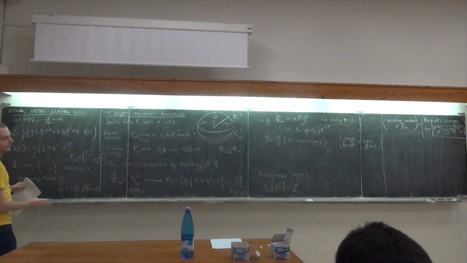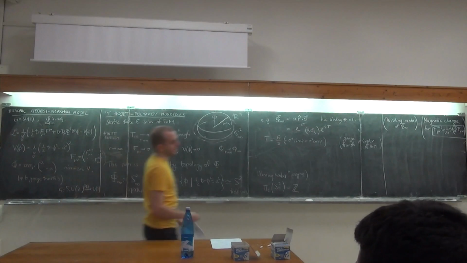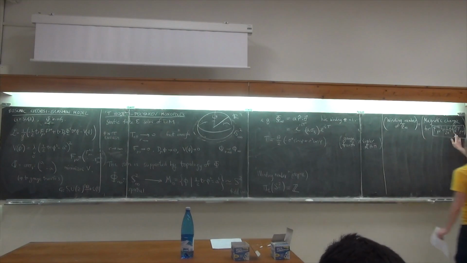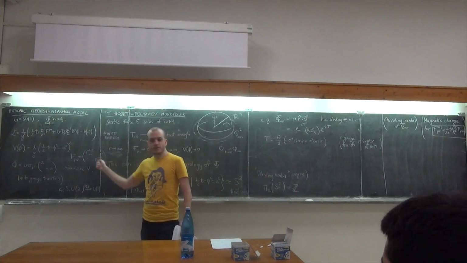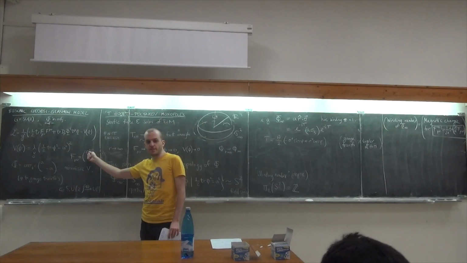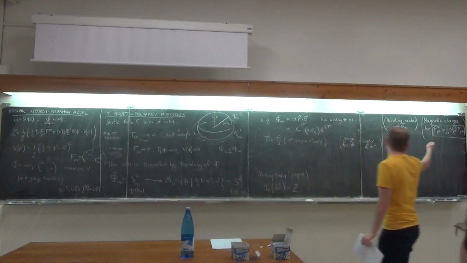And if you specialize this definition to the case of the constant scalar phi, which is the vacuum, it agrees with the definition of the field strength for U1 that I used yesterday. But now this is more general.